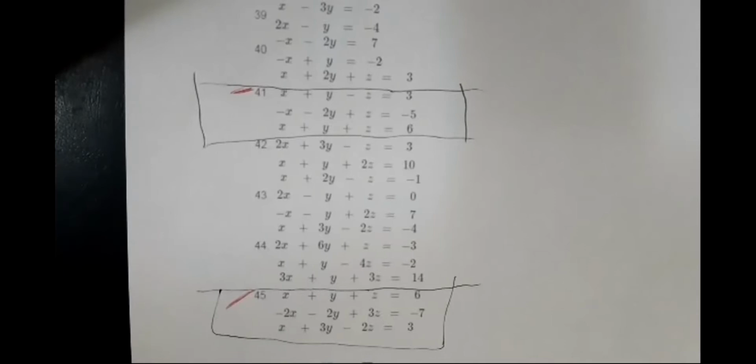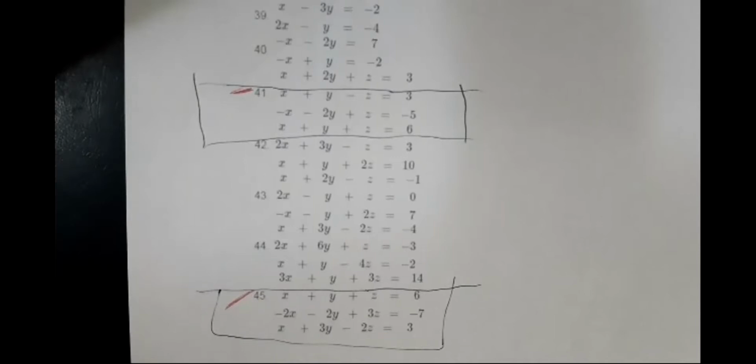Can the equals side of the augmented matrix have variables in it, or is it just constants? Constants. The equals side should always be constants over there. It should be your x's, your y's, and your z's in the other columns. Okay. So you couldn't move them to the other side.